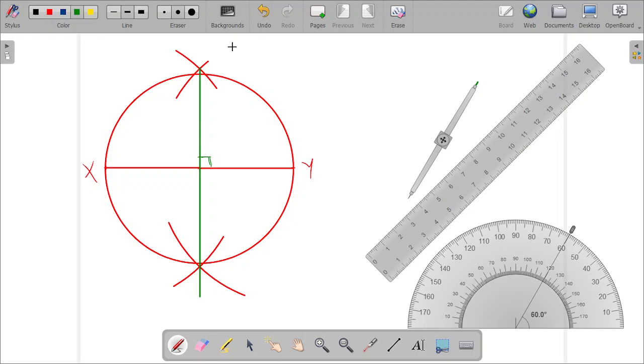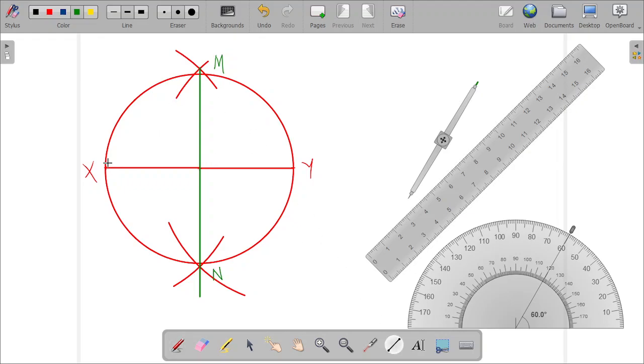Now after doing that, the next thing is I'm going to take my ruler and join this point. Let's call this point M, and call this point N. So I have 4 points: point X, point Y, point M, and point N. Now I'm going to join them with my ruler.